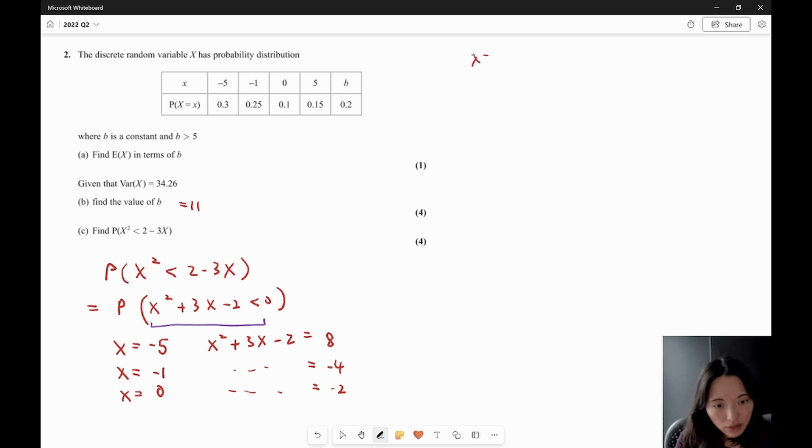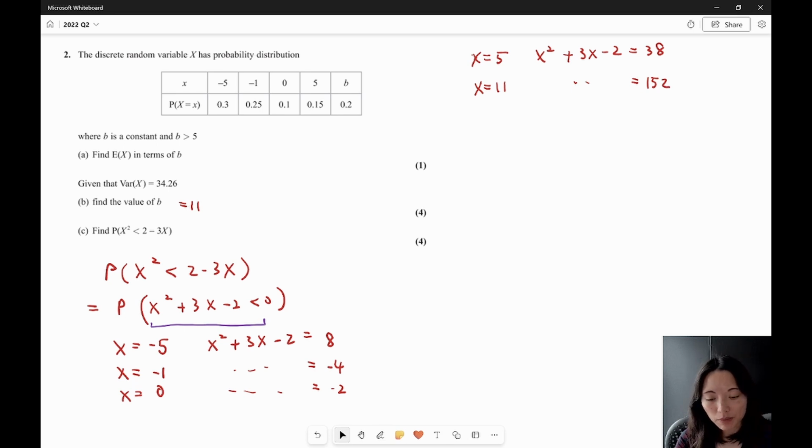When x is 5, x squared plus 3x minus 2 is 25 plus 15 minus 2, so that's 38. When x is 11, so that's the final value that x can take because we know that b is 11, that's 11 squared, 121, plus 33 minus 2, so that's 152.